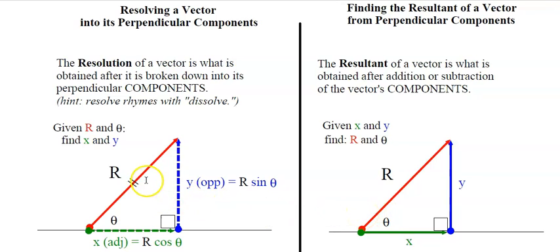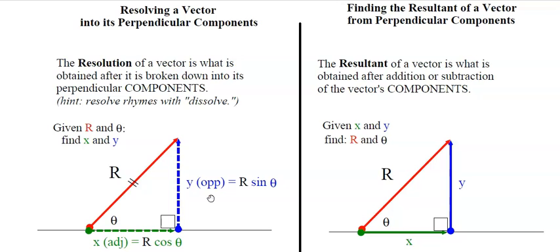The one on the left is where you start with the hypotenuse and you break it down to find the legs, and you no longer care about the original red vector. But the one on the right, the resultant, is when you take the green and blue legs and create the hypotenuse. It all depends on what you need to do, whether you need to resolve a vector or to find a resultant of a vector. But these are opposite processes from each other.